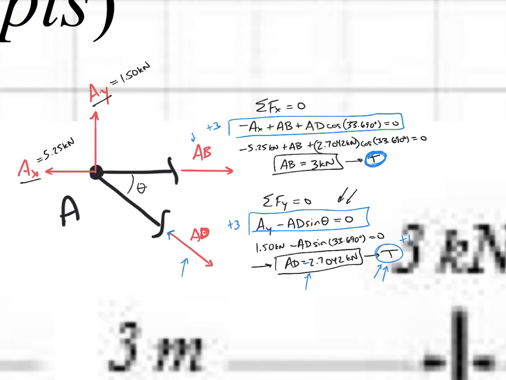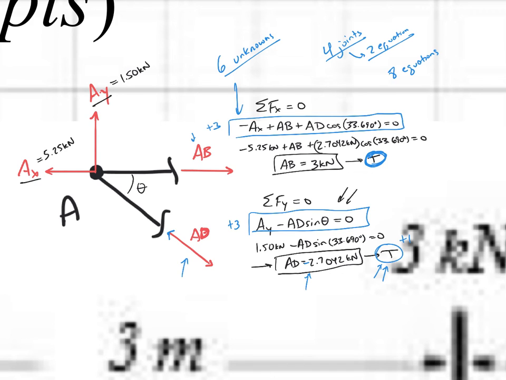You're going to need 6 equations, because there are 6 unknowns that we're looking for in this thing. So there are 1, 2, 3, 4, 5 joints, 4 joints really, that you could do these equations on. With each joint giving you 2 equations, you could end up with 8 equations.